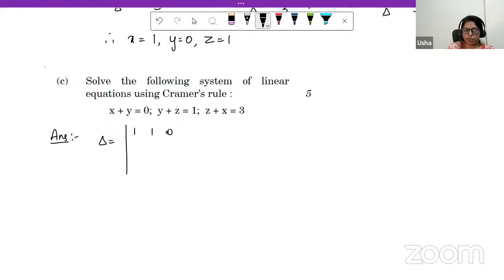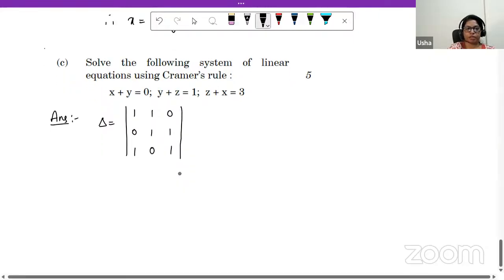There is no z, therefore 0. For the second equation, x is not there, therefore 0. Y coefficient is 1, z coefficient is 1. For the last equation, x coefficient is 1, y is not there, so write 0 here, and z is there, so 1. And that's all. This is delta.